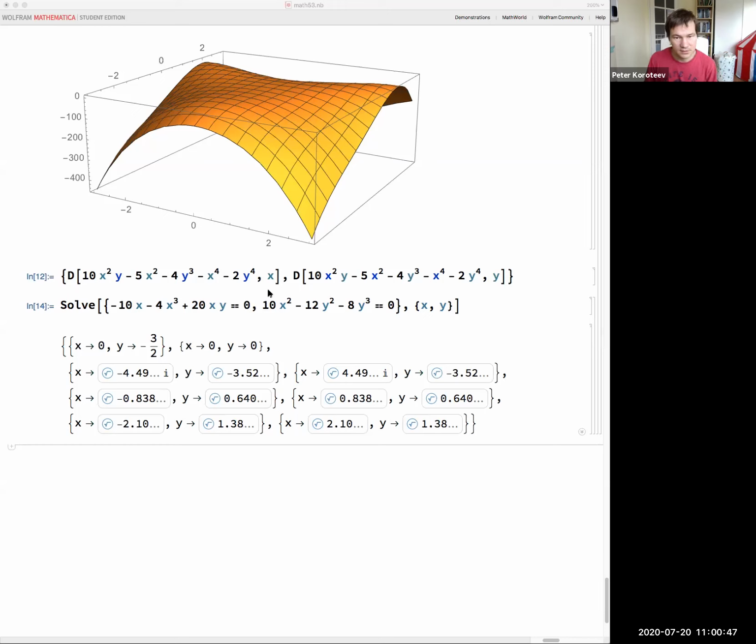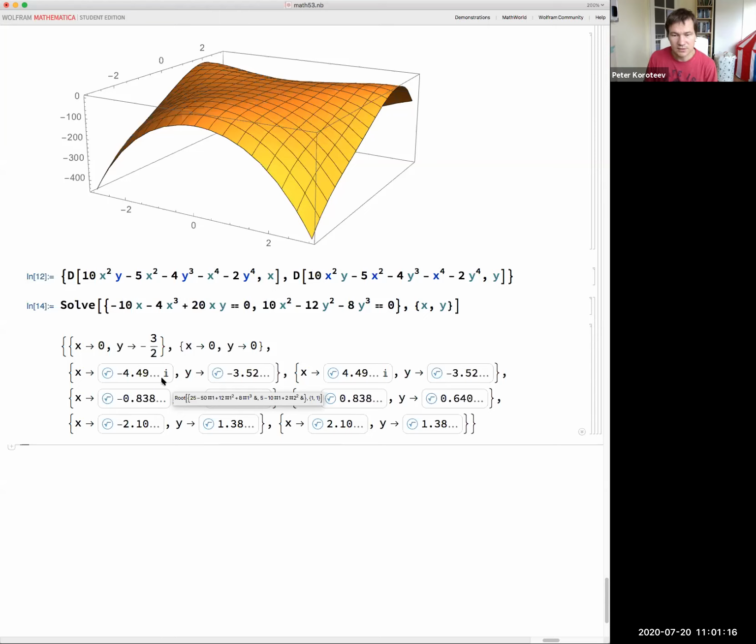The first one is this x equals 0 solution from here, so x equals 0, y equals minus 3/2, and then x equals 0, y equals 0.